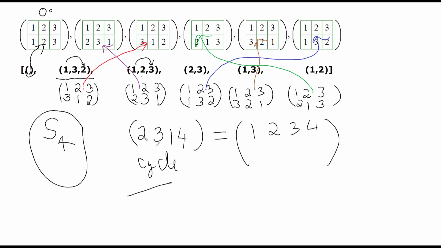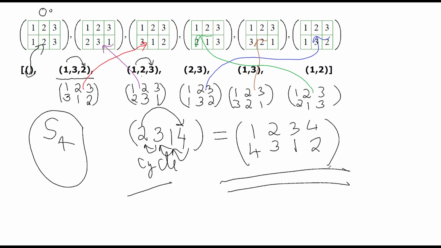Here 3 comes under 2, so we have 3. 1 comes under 3, so right here. 4 comes under 1, so 4 goes right here. And then we have 1, and 2 comes under 4. So that's what this permutation means here.